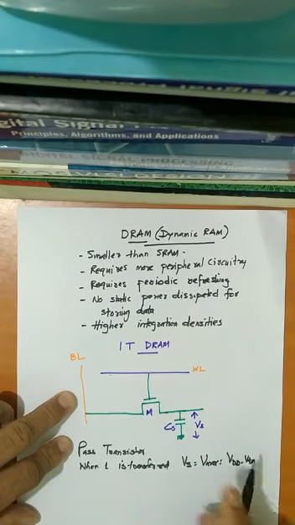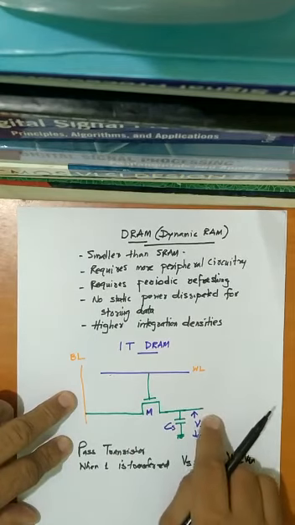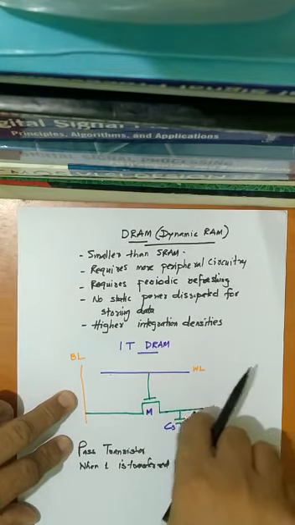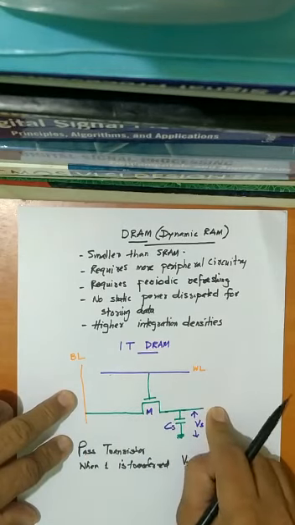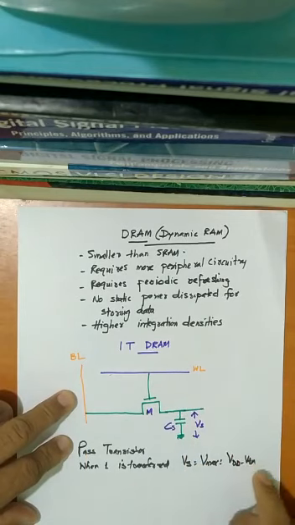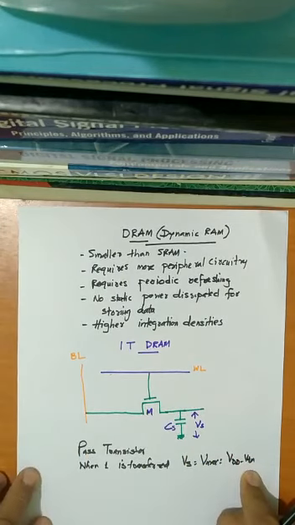This is the problem of the pass transistor, because the output will be the supply voltage minus the threshold voltage of the transistor.